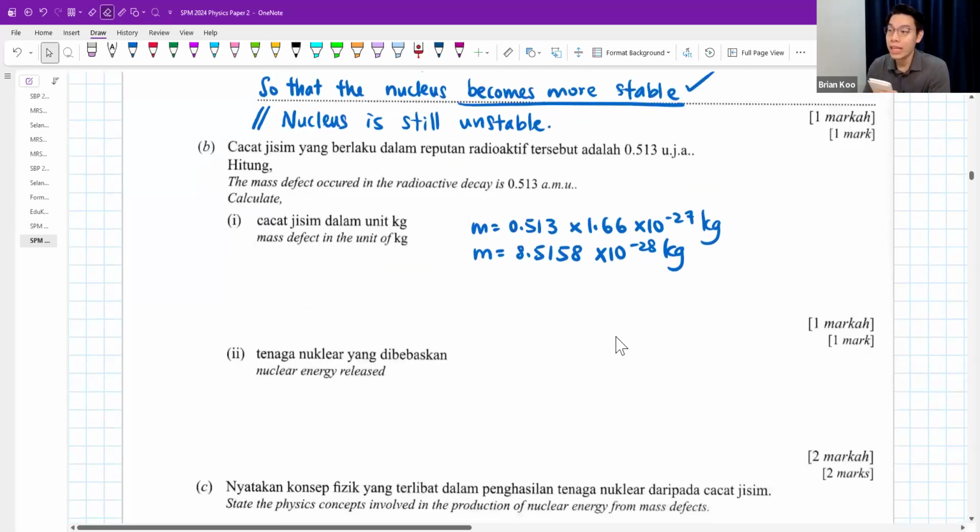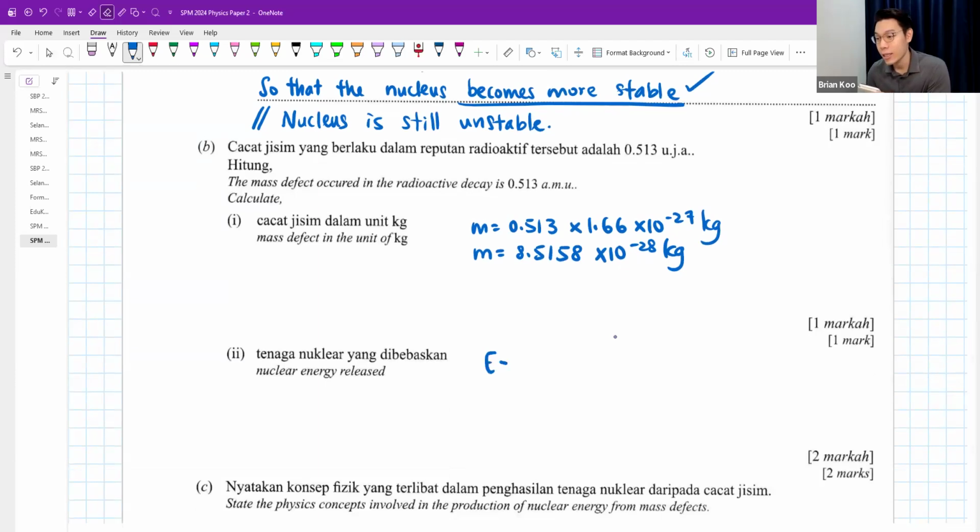Part 2, nuclear energy released. Okay. E equals mc squared. Formula also given. Make sure you use kg. Guys, be aware, because E equals mc squared is something that they ask almost every single year, right?